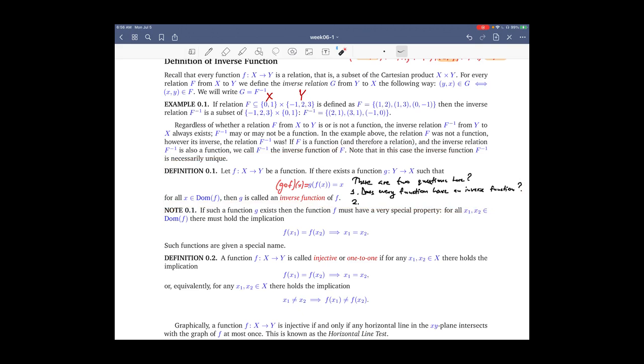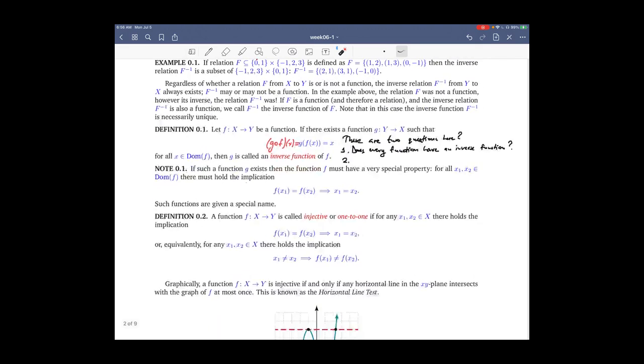We'll suppose this function g exists. Does it have to be unique? Or there could exist multiple functions g with this property?